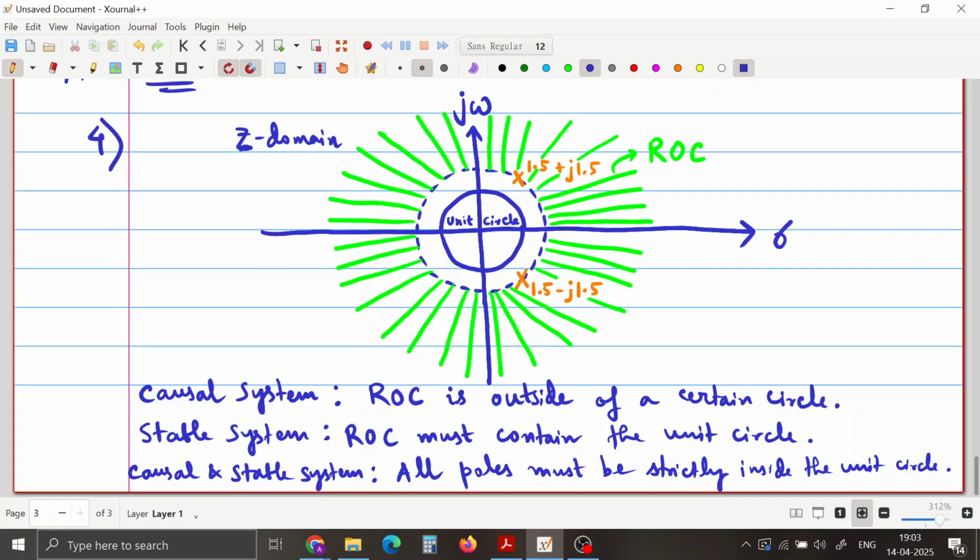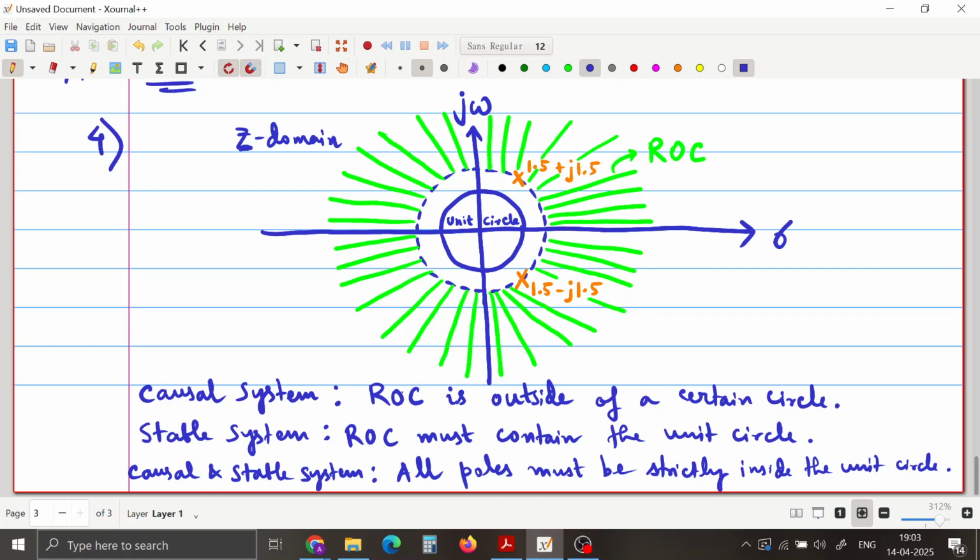And you can combine both the causality and stability conditions to arrive at this condition, because you have to keep in mind that a valid ROC should not contain any poles. Individually, for causality and stability of a system, you need that the ROC should be outside of a circle and it must also contain the unit circle.